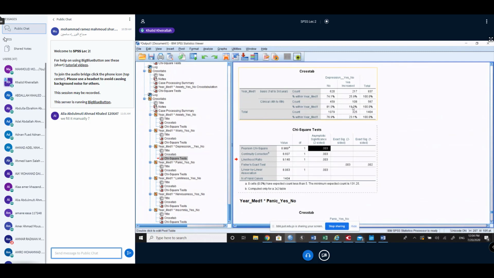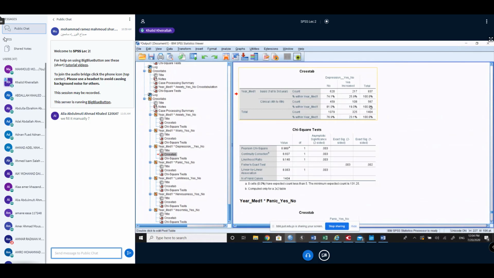So come back and conclude, no, there is a relationship between medical year, basic versus clinical, and depression levels. So depression is dependent on the distribution of participants within this table, depression level and medical year.